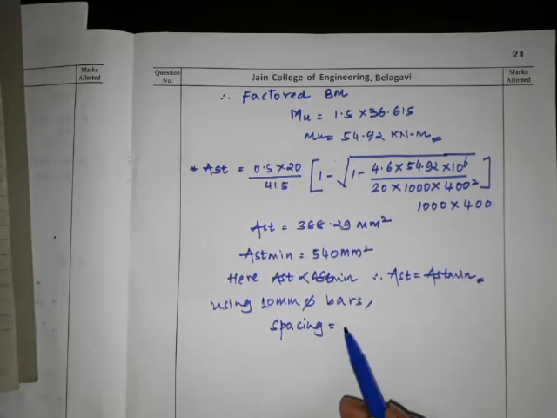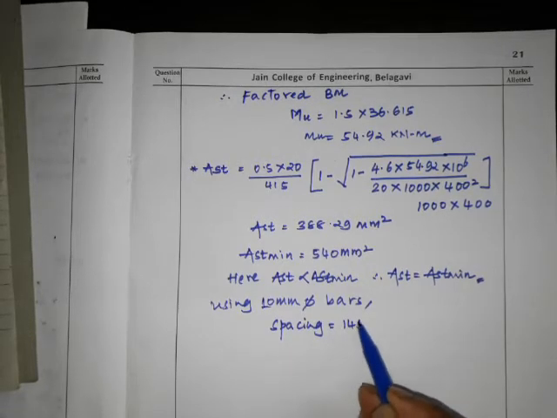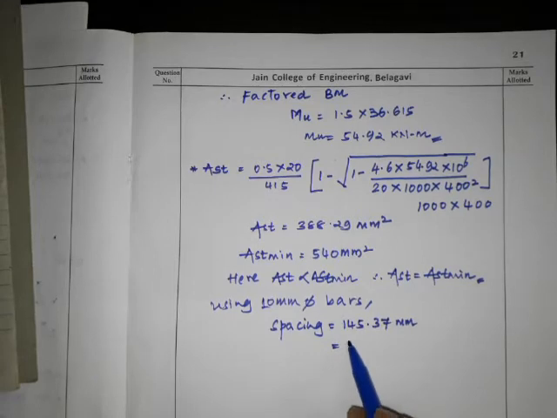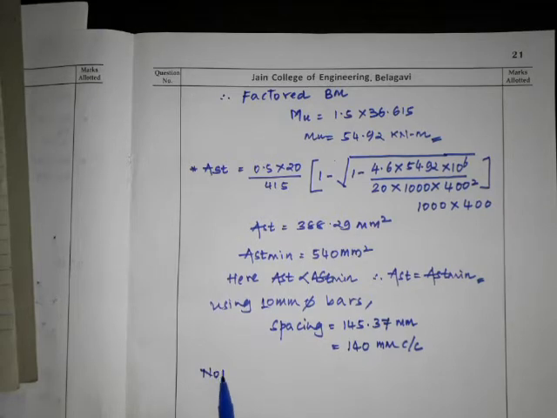So what it is, 145.37 mm. So we adopt 140 mm center to center. Okay. So you can write here note. So we have to provide both, that is the main reinforcement as well as distribution steel, with the same diameter and same spacing.